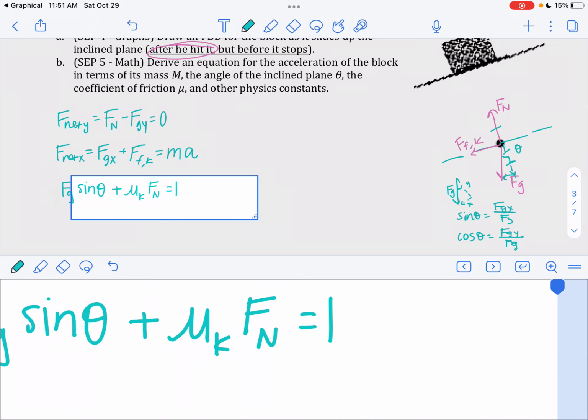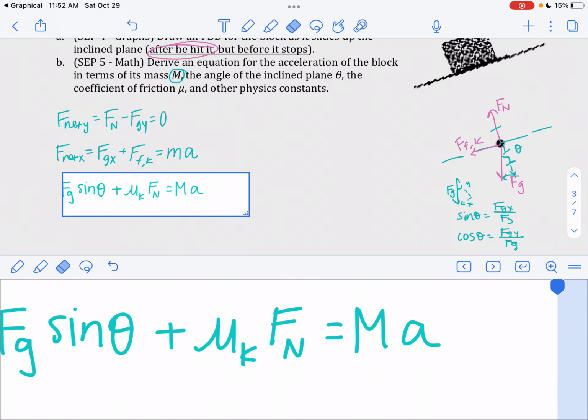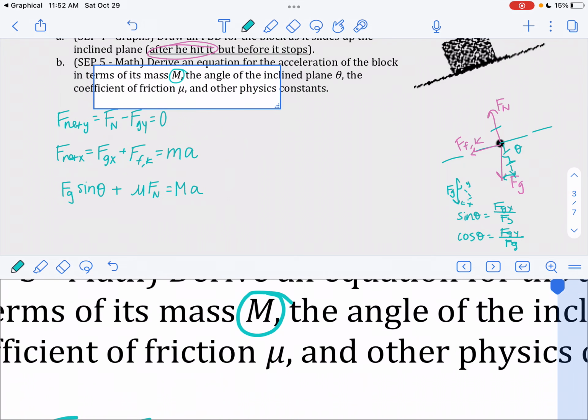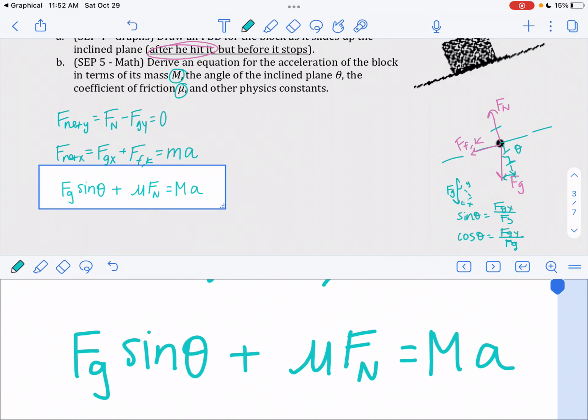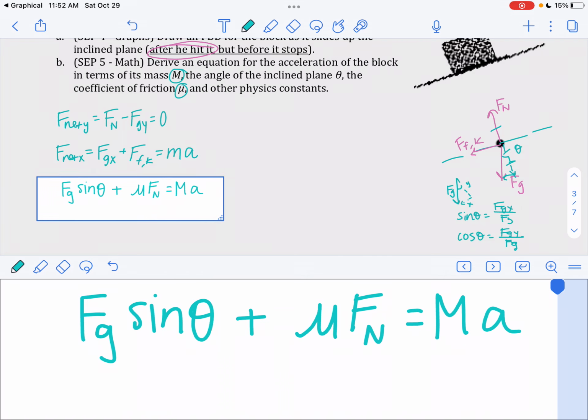And then I need to use capital M for the mass because it tells me to use capital M for the mass. I should also actually just use mu because it tells me to use mu, not mu k, for the coefficient of friction. Theta is fine because that's the angle of the inclined plane.